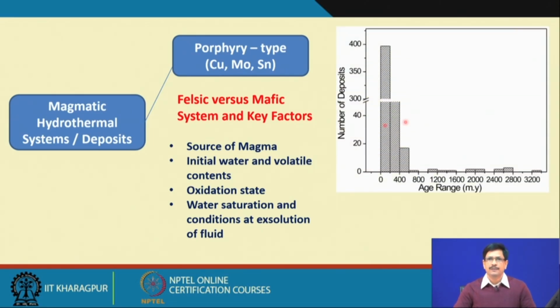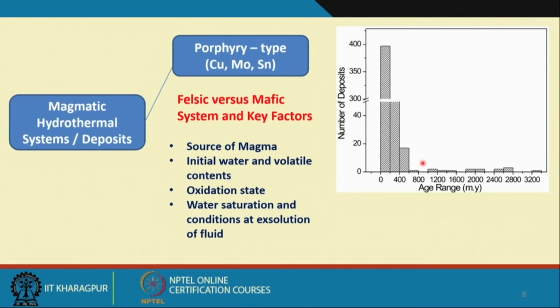So why these porphyry type deposits, which are widely occurring and most extensively studied among the deposits of the world? Interestingly, as we also saw in the temporal distribution of mineral deposits, these deposits are essentially very young, less than even a few million years, occurring in active continental margins like the Chilean Andes.